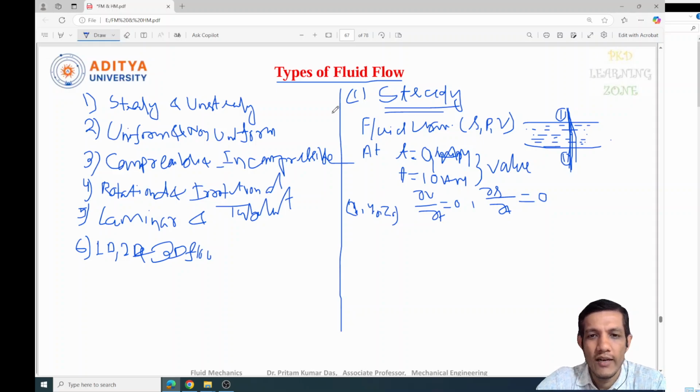Similarly, unsteady flow will be the opposite of this one.